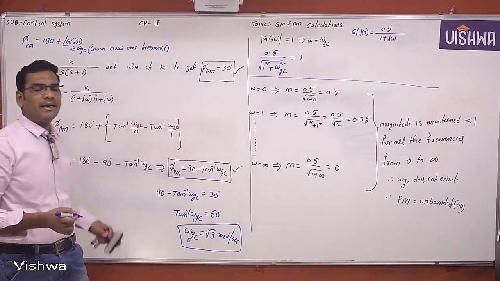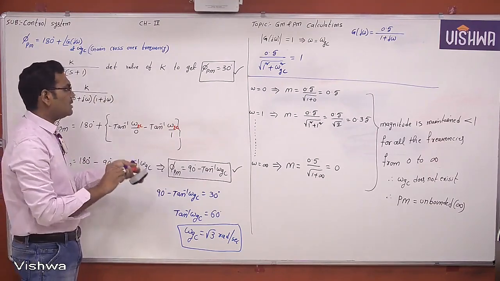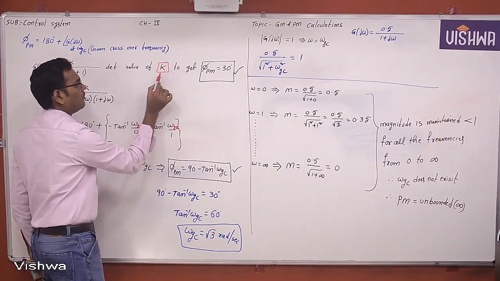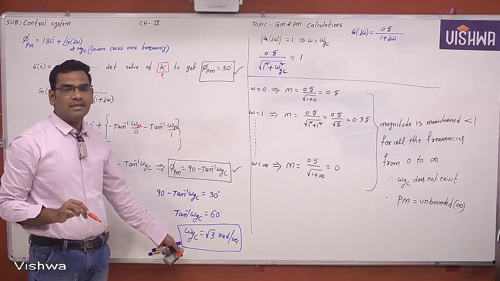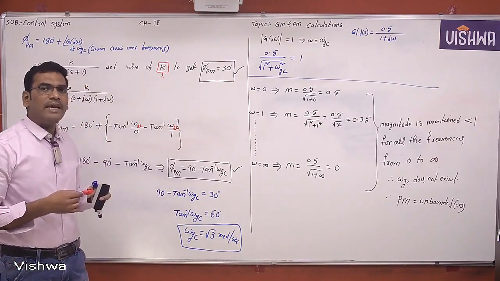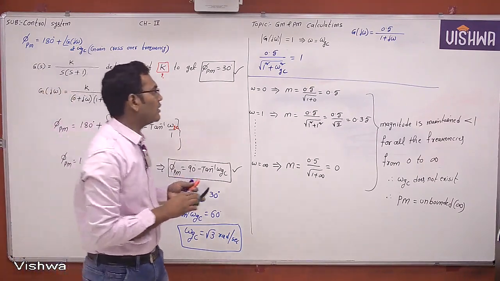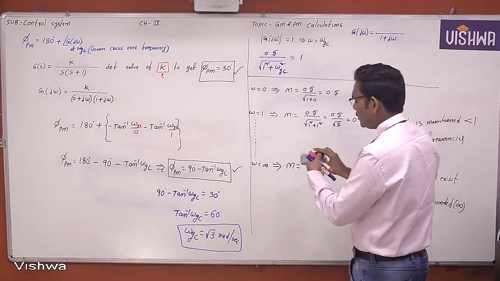Now this is omega GC that we are getting. But in the question he is not asking for omega GC. He is asking to determine the value of K. Am I not right? Now I get the gain crossover frequency here. But if the gain crossover frequency is not given, what is the procedure to calculate the gain crossover frequency? What is G of j omega?